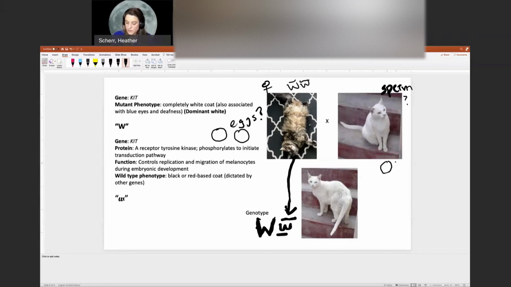Okay, and so what would you actually write for the genotype of the egg? If I just wanted to say this is an egg, what allele or alleles does it have in it? What's the genotype inside that egg? Same as the parent.